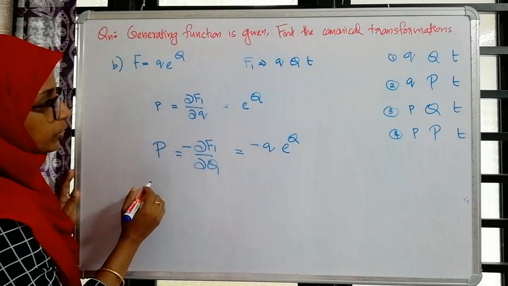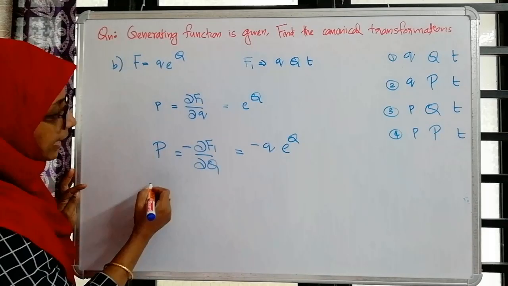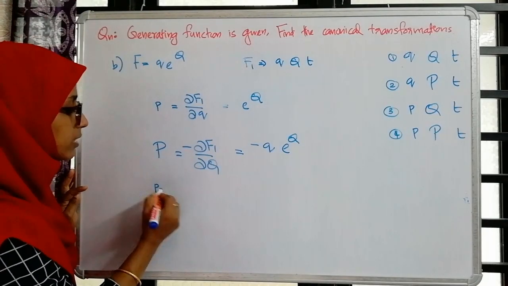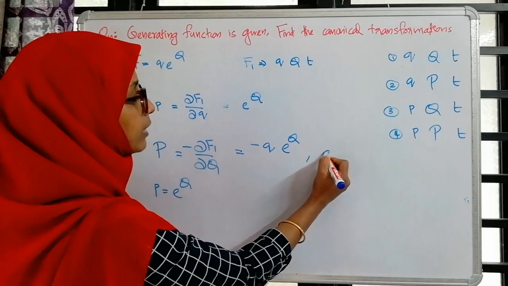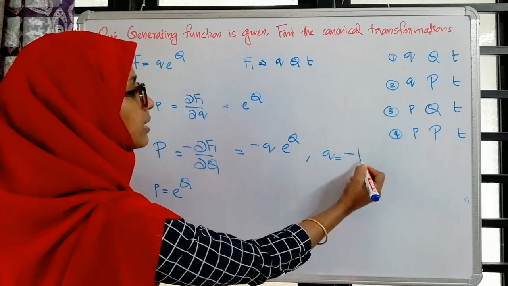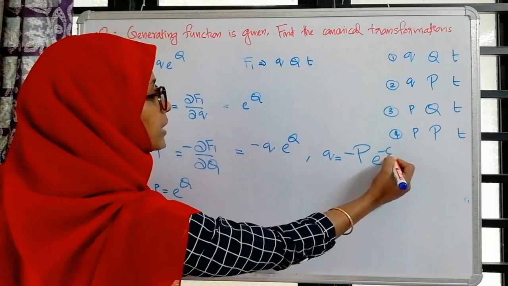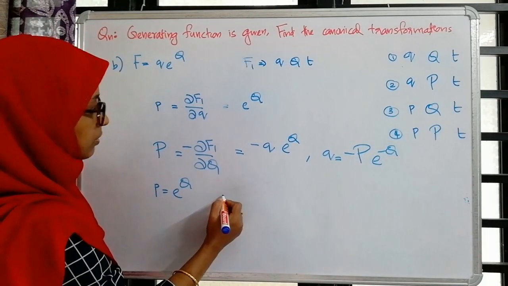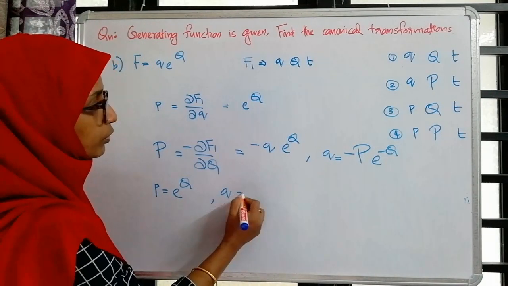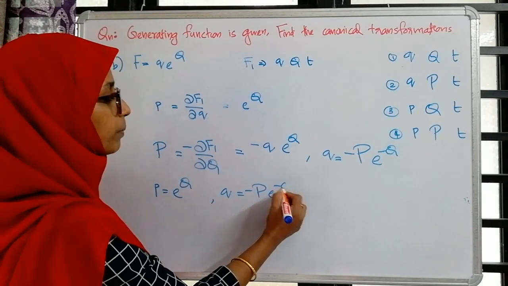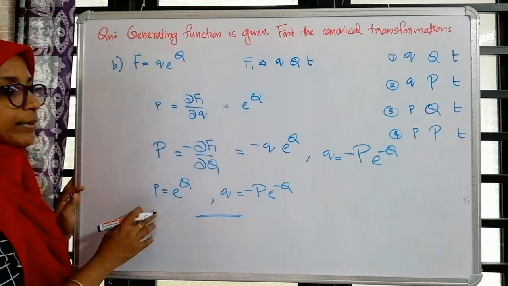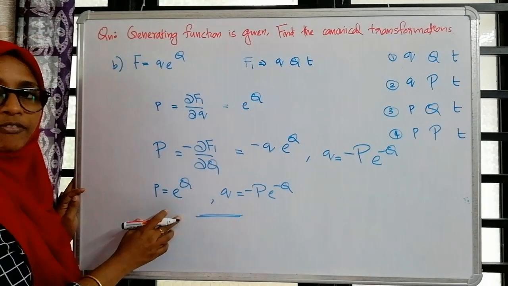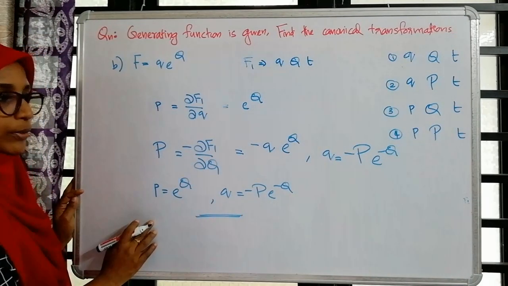So we can write this in both modes, that is p is equal to e raised to Q, and small q. From this we can write q is equal to minus capital P e raised to minus Q. That is small q is equal to minus P e raised to minus Q. These are all the transformation equations. By rearranging this, we can find out the new transformation equations also.